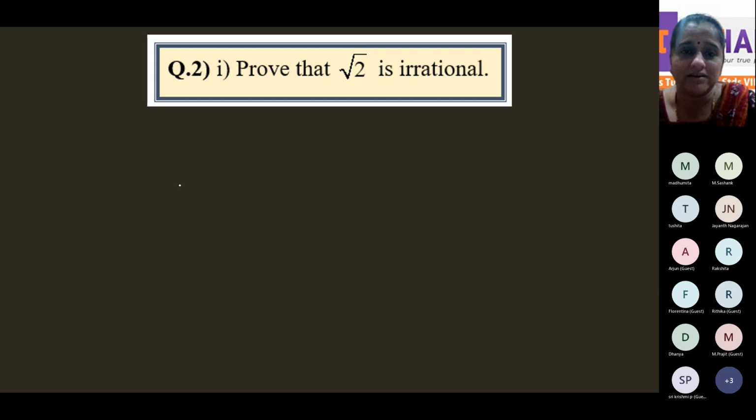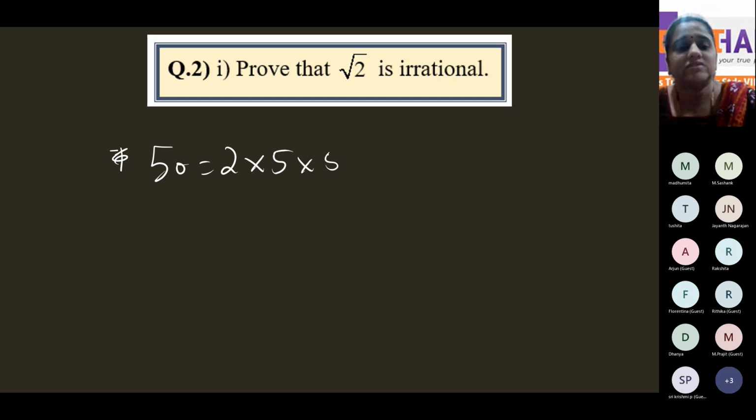In the same way, I'm taking a different number, say 50. 50 is 2 into 5 into 5. So we say 50 is divisible by 2. 50 is divisible by 5. The other way of saying is 2 divides 50, 5 divides 50. So I think we are more used to this, right?